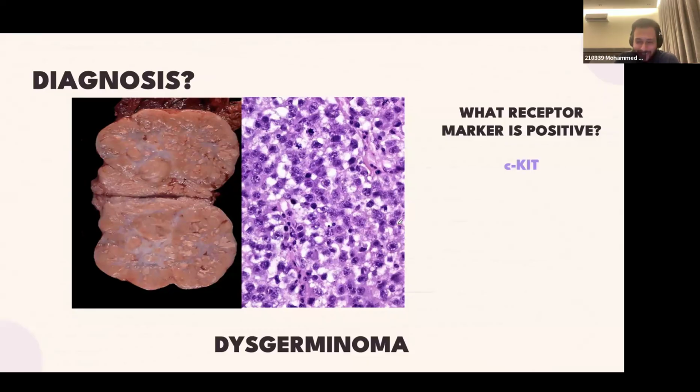Getting different answers, but it's c-KIT, good. So dysgerminoma, the marker that's positive for it is c-KIT, and please remember c-KIT, please, okay? Please, for dysgerminoma. This is very similar to male seminoma, okay? So yeah, that's pretty much it for dysgerminoma.